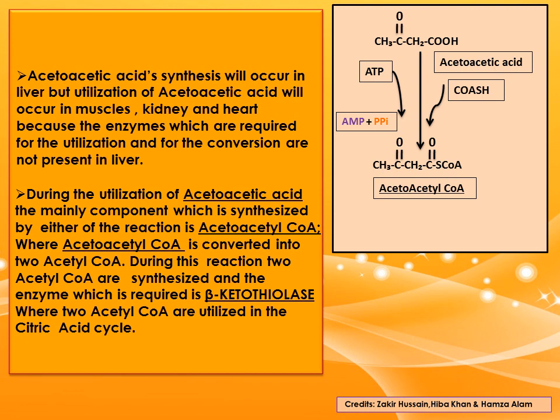During this reaction, 2 acetyl-CoA are synthesized, and the enzyme which is required is beta-ketothiolase, where 2 acetyl-CoA are utilized in the citric acid cycle, which you have already learned in carbohydrate metabolism.